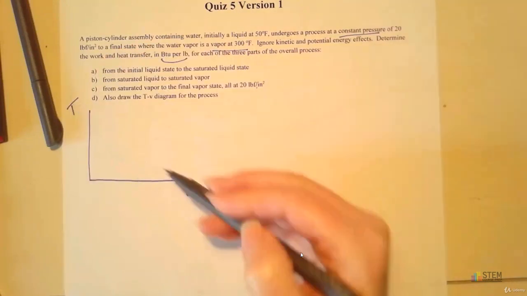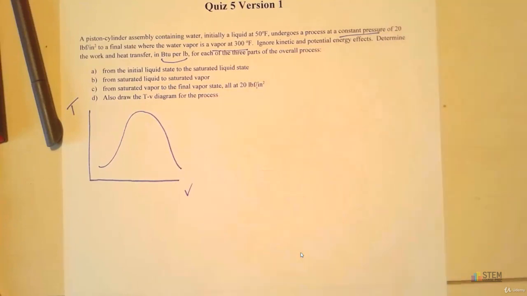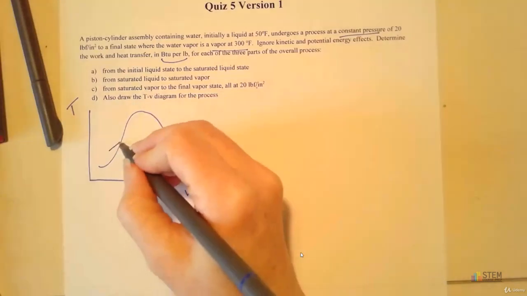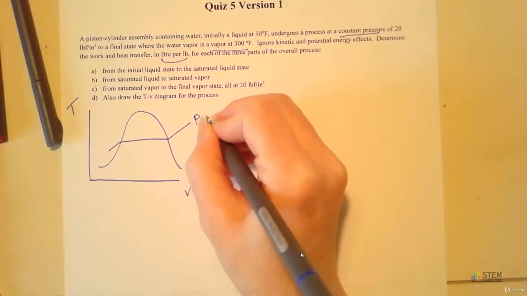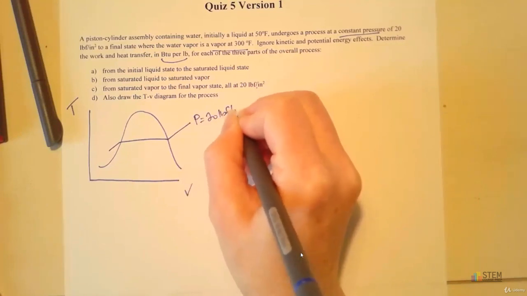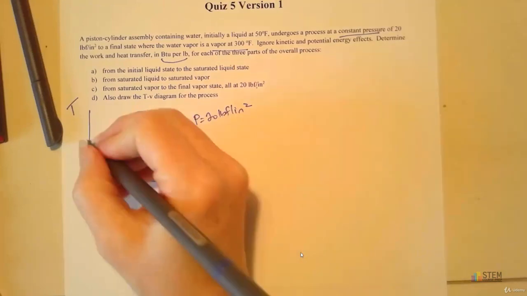Alright, so here's T, here's v. Draw your vapor dome. And for this one, we've got a constant pressure process, so I'm just going to go ahead and draw this pressure line on here. So that's 20 psi, just like that. Now, if you go into your saturated liquid table, you can find this saturation temperature.